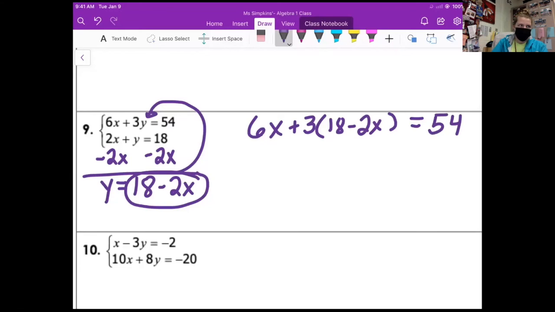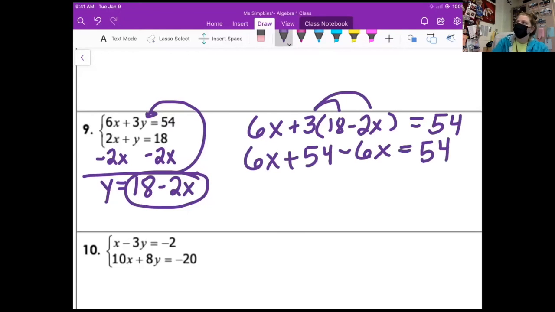Now what? Distribute. 6x plus 3 times 18 is 54. 3 times minus 2x is minus 6x, equals 54. So the x's go away, and we get 54 equals 54.